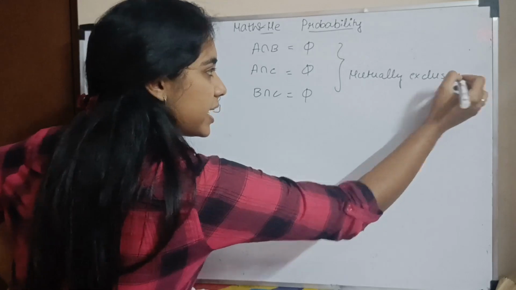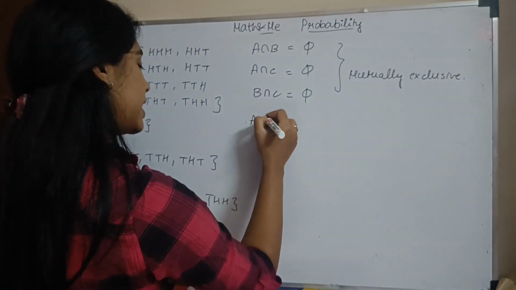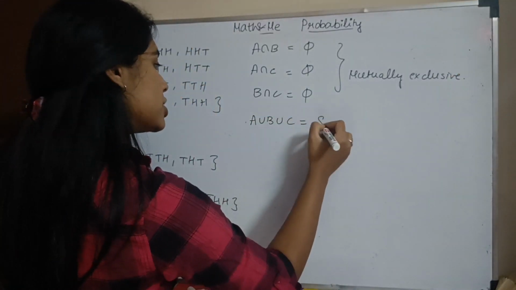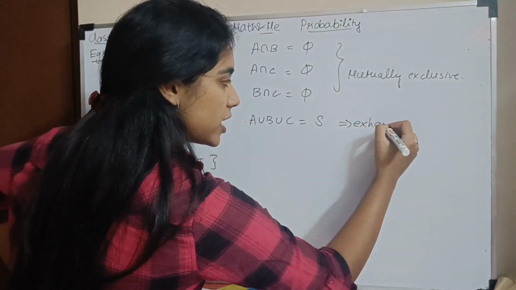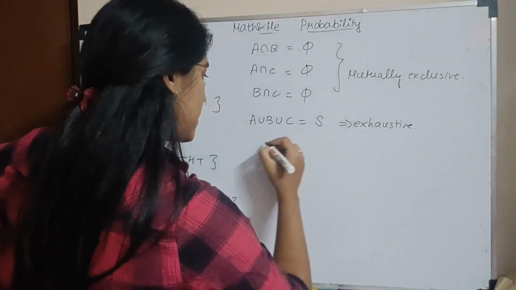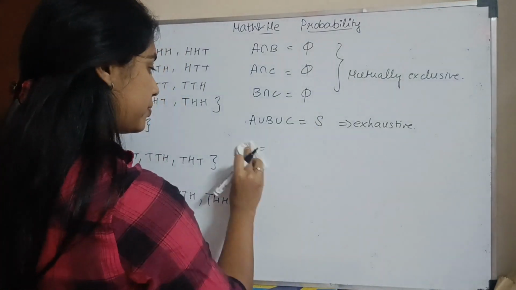So how do you check if they are exhaustive? Exhaustive na A union B union C should be the whole sample space. This means they are exhaustive. So let's check. So S equals.